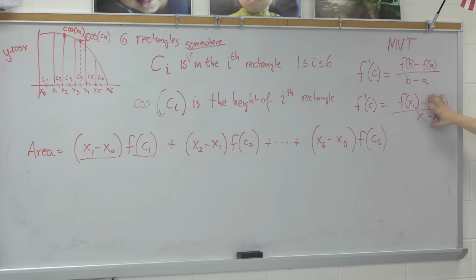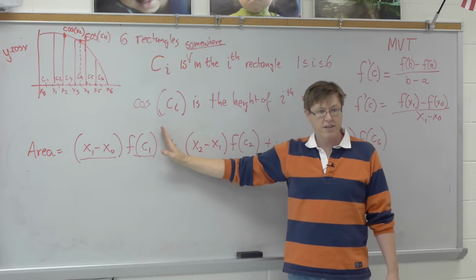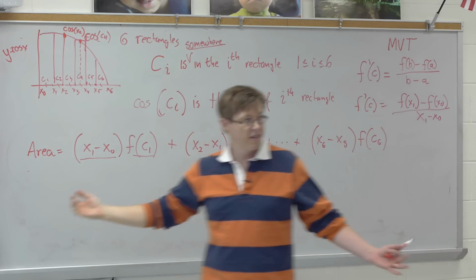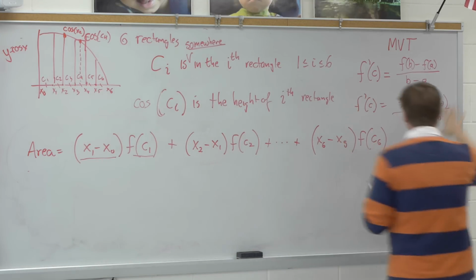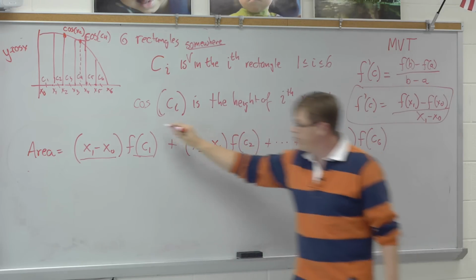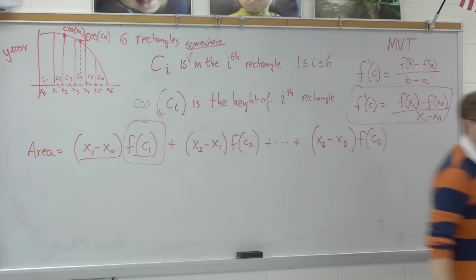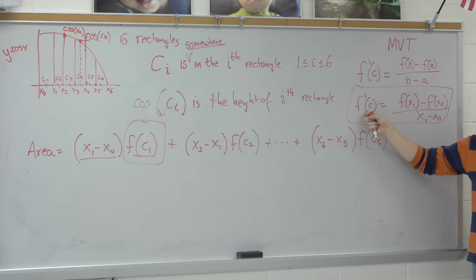Now, if I could somehow plug this thing in for f of c1, then what would happen? x1 minus x0 would cancel. But I can't. Why can't I just directly plug in for that? Because that's the derivative. Right, I can't plug that in because it's the derivative.